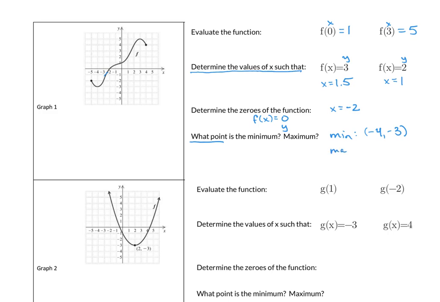Similarly for our max, where is our maximum point? Our maximum point is right here. We want to know what are the coordinates. So my x, to get there, we're going to go 3 to the right and 5 up. So this is going to be 3, 5.